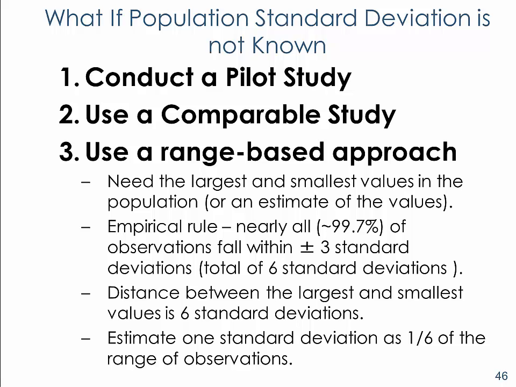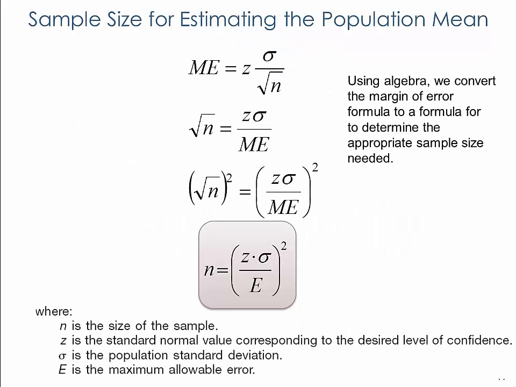And we talked about ensuring we have the appropriate sample size. And how do we get that sample size? We convert the margin of error formula to solve for n. So our margin of error formula, if you remember on the prior pages, when we had our confidence interval formula, the margin of error was z times the standard deviation divided by the square root of n.